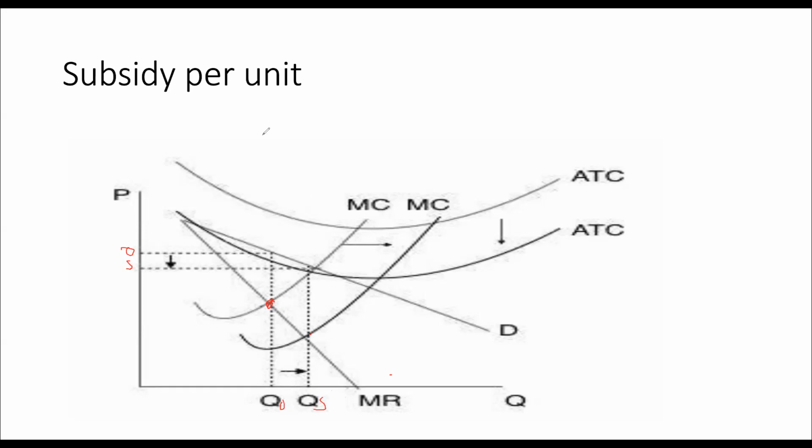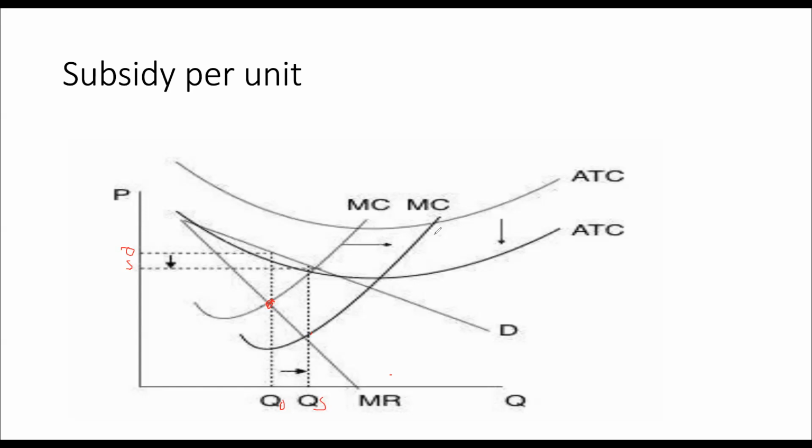Now, here I showed you the ATC, where in the tax, the ATC went up, and in a subsidy, the ATC goes down, all right? Because let's just say it's for every pizza. For a subsidy, they're saying for every pizza you sell, you're getting $1. So that's lowering my cost because the government's giving me $1 for every pizza I sell.